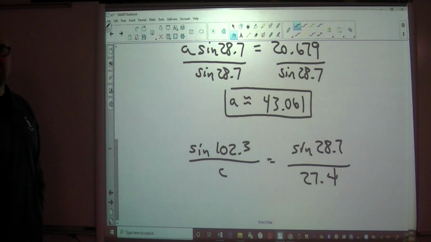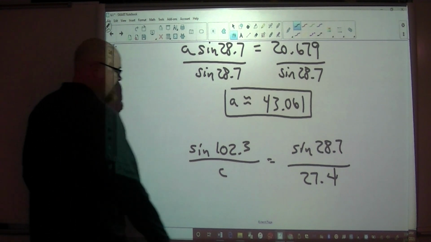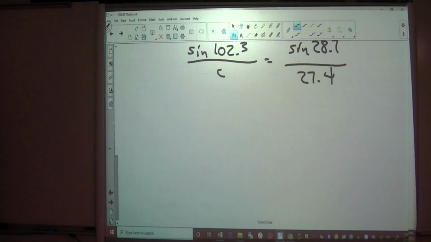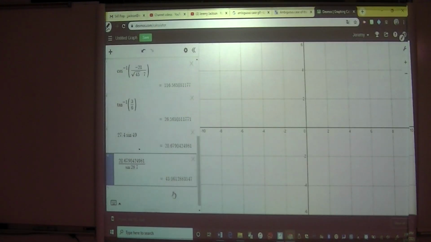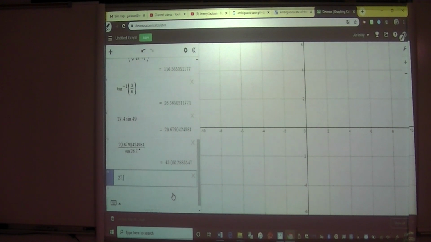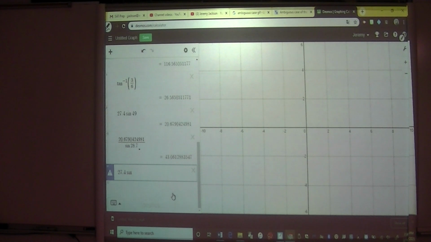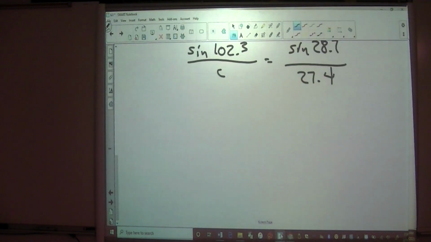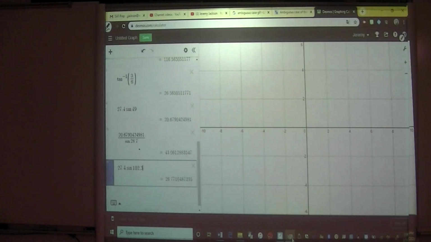We're going to solve this the same way we just did, okay? I'm going to fast forward this on Desmos. 27.4 times the sine of 102.3. Does that look right? Yep. Divided by the sine of 28.7.